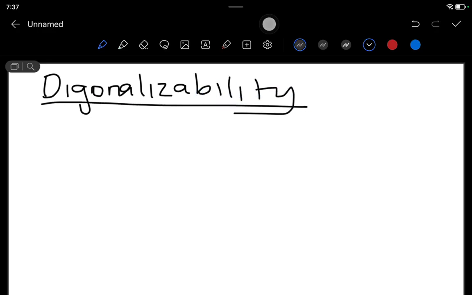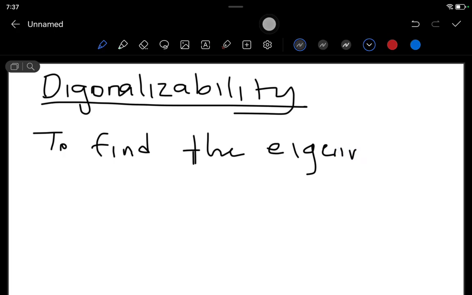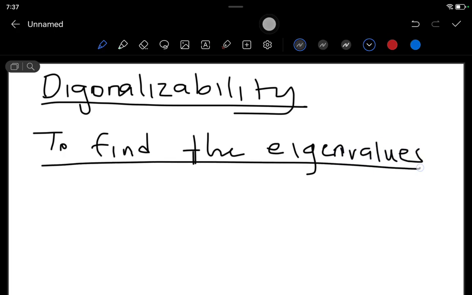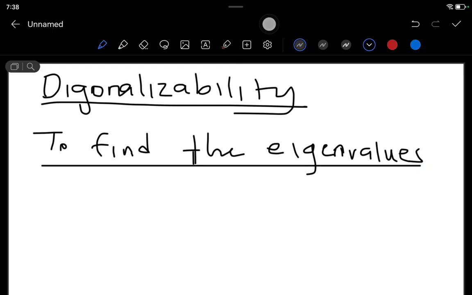And then we have this type of equations. Let me say, to find the eigenvalues, we have A minus lambda I.